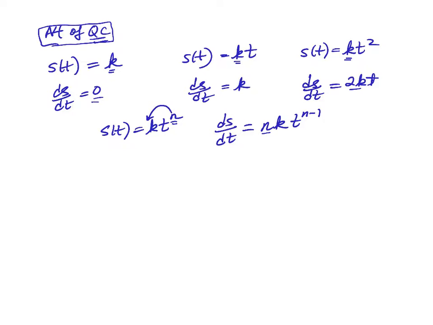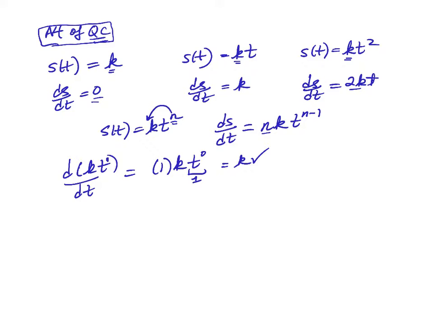For d/dt of kt, we're going to first multiply by the exponent, because that's kt to the 1, times k times t to the, and now we subtract 1 from the power, t to the 0, because 1 minus 1 is 0. And t to the 0 is just 1, and that's going to give us k, the original constant. So that checks out.